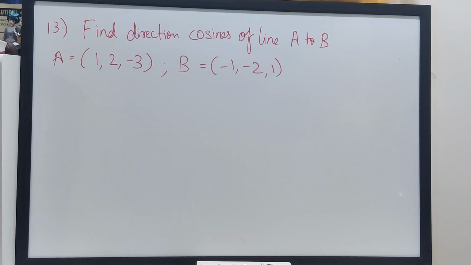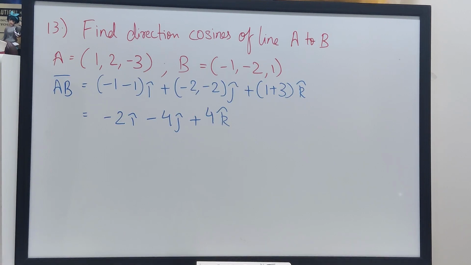Now next question, calculate the direction cosines of line A to B. So see, here the line is A to B, which is AB. So what will you do? You will do B minus A. So minus 1 i cap plus minus 2 j cap plus 1.